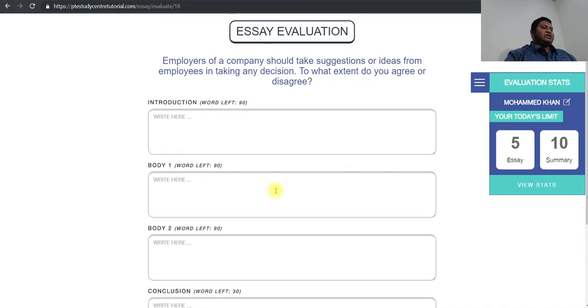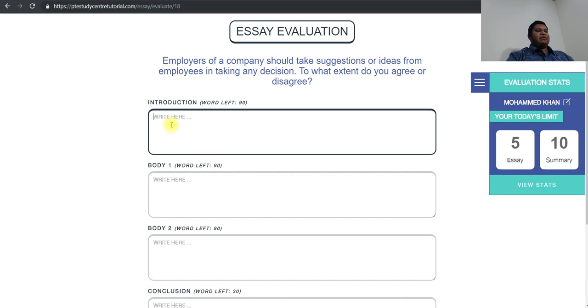This has been done to make you used to certain word limits for each paragraph, because at the end of the day, we know if we cross 300 words, we're going to lose our mark. Now, it gave me a limitation of 90 words maximum for my introduction.